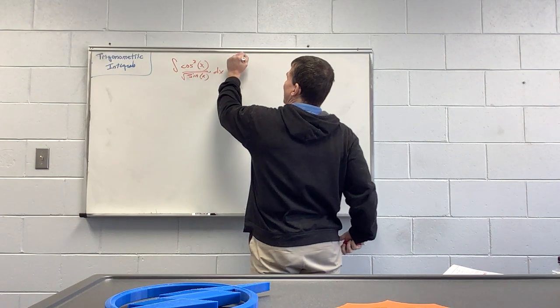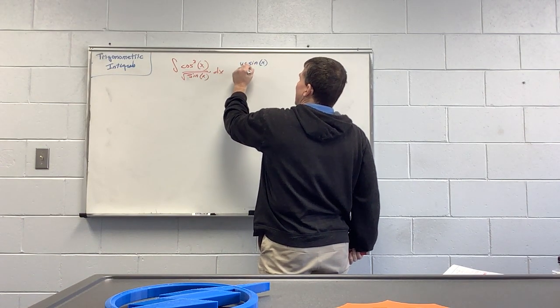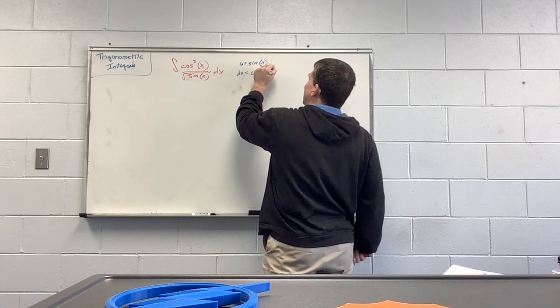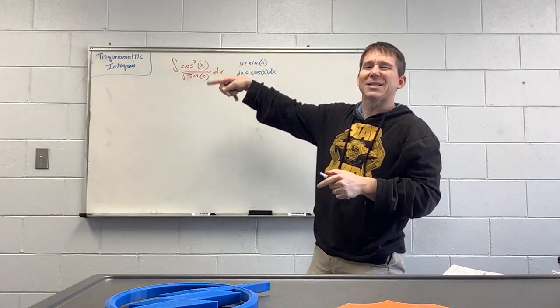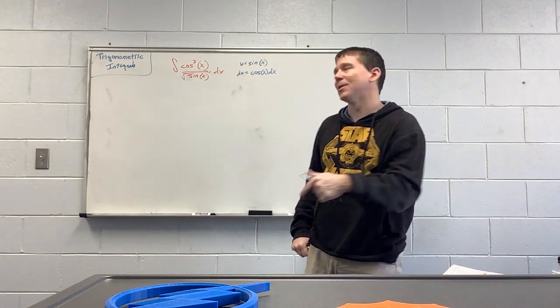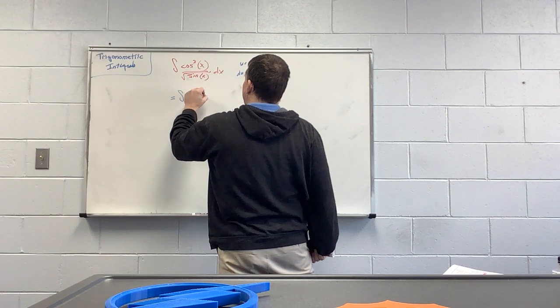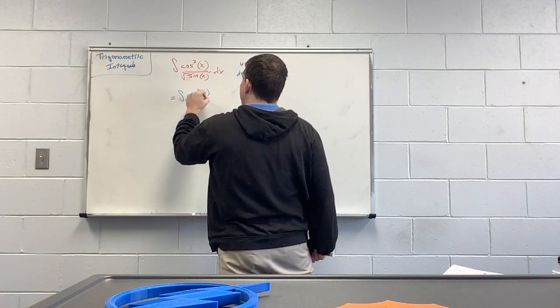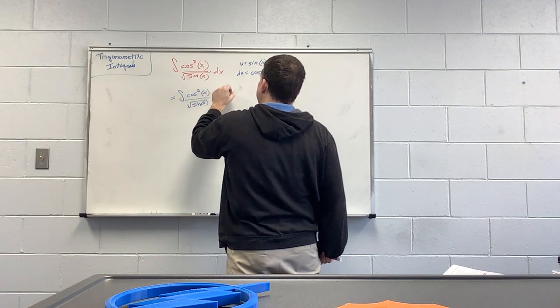Which means my u is going to be sine x, so my du is going to be cos x dx. So now I just pull out my extra cos x, see what's left over, and go from there. So I get the integral of cosine squared x over the square root of sine x, cos x dx.